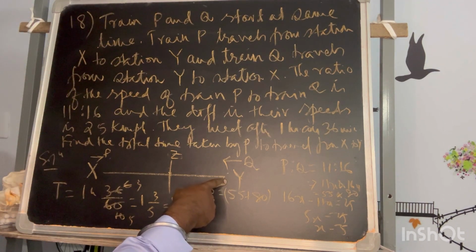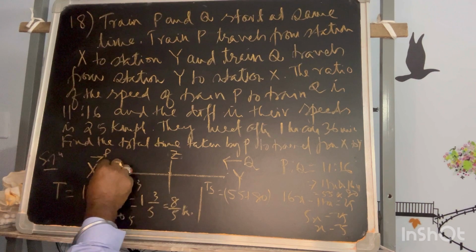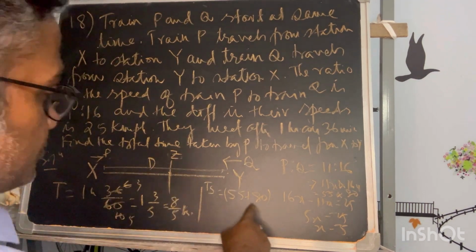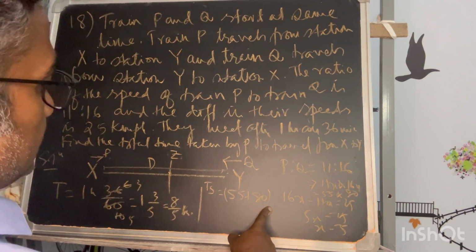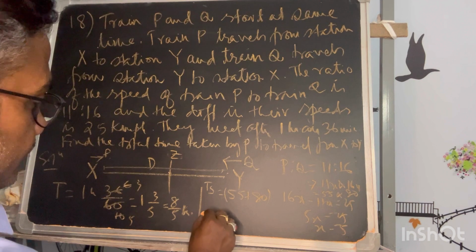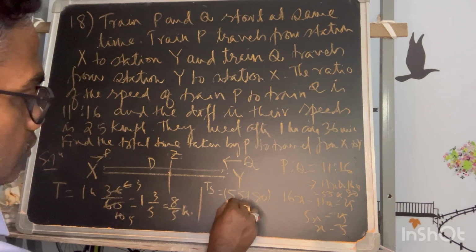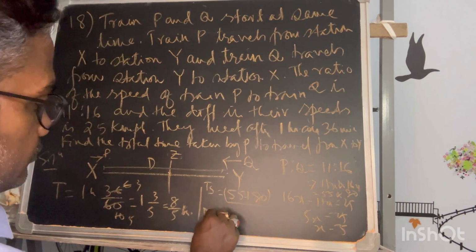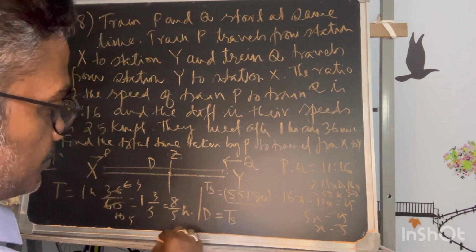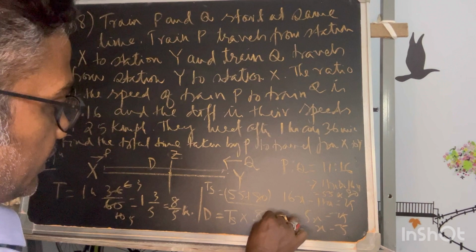Okay, so that distance, if I say this is some distance d, they are moving with the speed, and this distance is traversed in this much time, isn't it? So distance is the cumulative speed into the time 8 by 5.